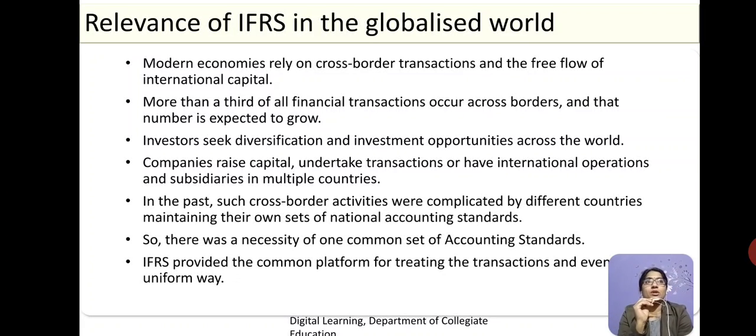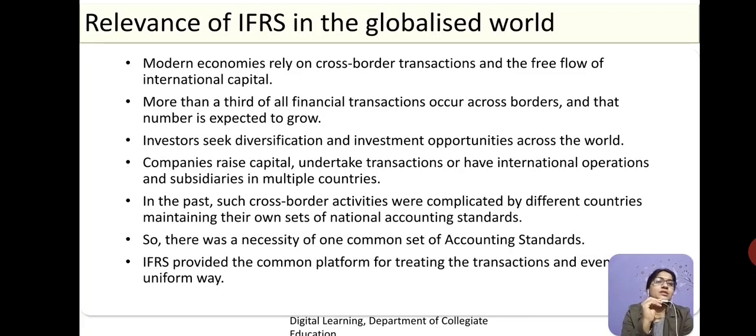Like today, whatever the extent of international transactions we have, it is much more than what it was 10 years before. And of course, you can expect again a hike after 10 years if you compare today's and after 10 years data. So as these cross-border transactions are increasing, the more need of IFRS comes into picture.